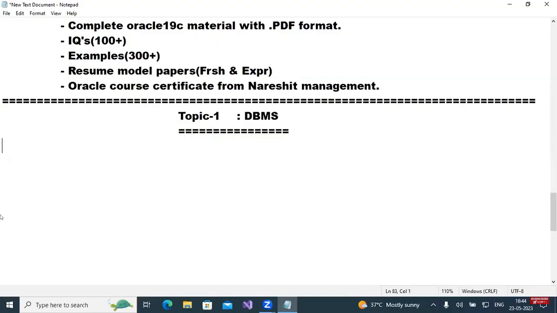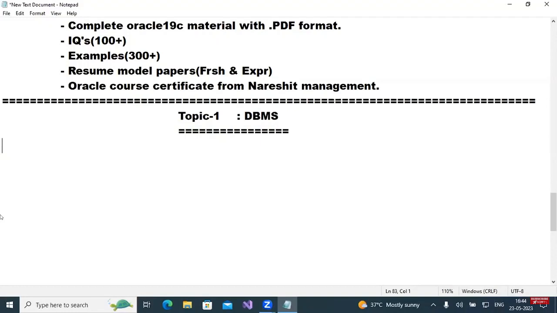First of all, before you get some idea of what is what, there are some basic terms called DBMS terminologies. We need to understand those first, then you will get some idea.